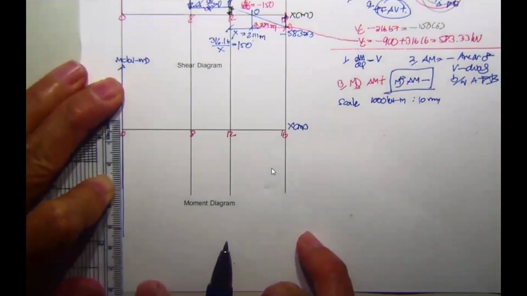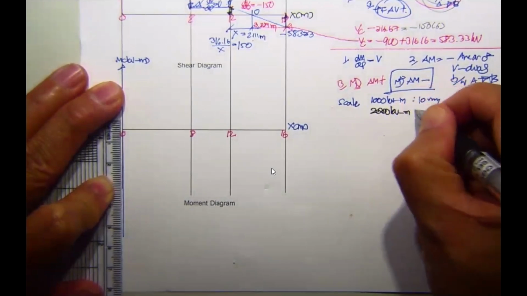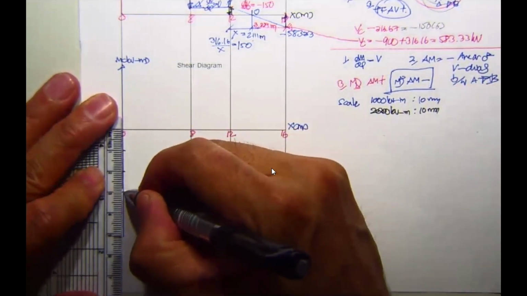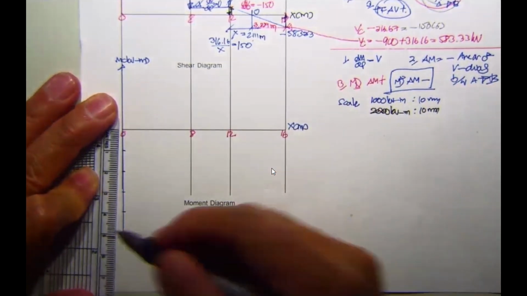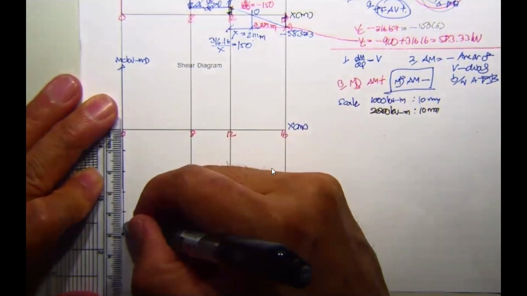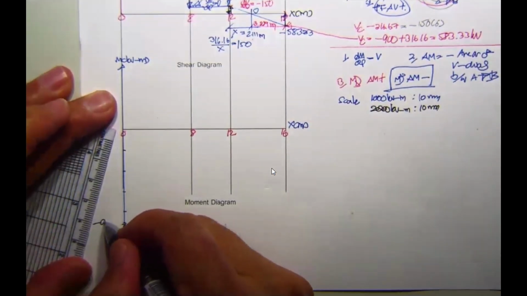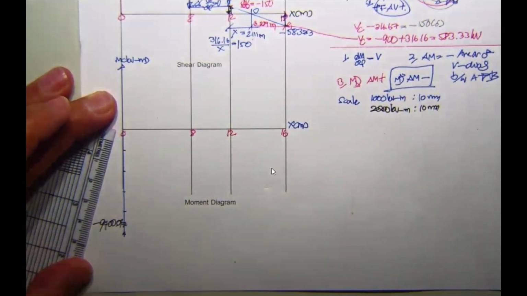So the scale should be 2,000 kilonewton meter per 10 millimeter. So this is 2,000, 4,000, 6,000, 8,000, and this is going to be 10,000. Then we have 9,400. This is 9,000. This is supposed to be the point of minus 9,400.04. Okay, this is going to be negative.